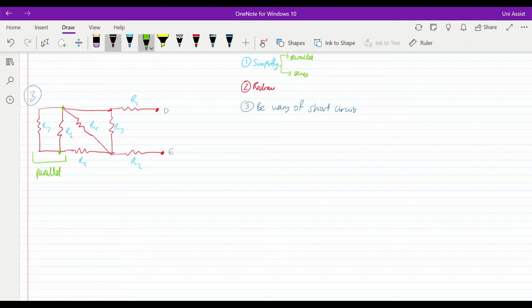So what I will do now is identify a new variable that I'm going to call, say, R subscript A, and that's going to be equal to R6 in parallel with R7. So simply put, when I redraw this circuit now, I will just replace that expression with RA. So now I've got this.